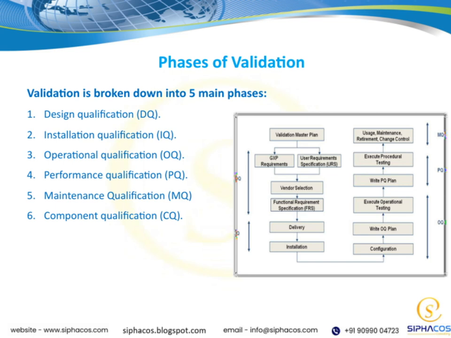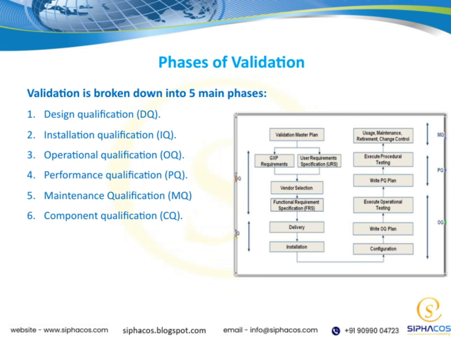Then we come to operational qualification, OQ, which tests whether the system performs properly under normal operating conditions. This step confirms that everything operates within the defined parameters. Following that is performance qualification, PQ, where we validate that the system consistently performs its intended function in a real-world setting. Lastly, we have maintenance qualification, MQ, which ensures that ongoing maintenance procedures keep the system in a validated state over time.